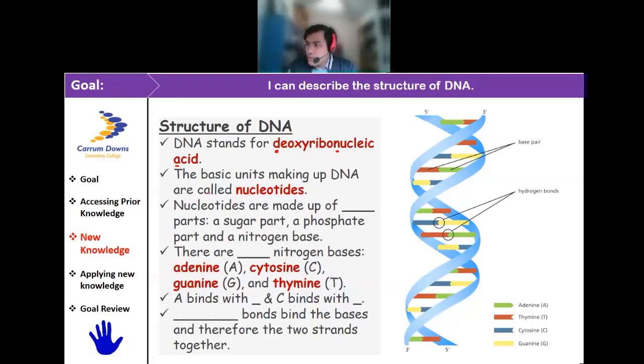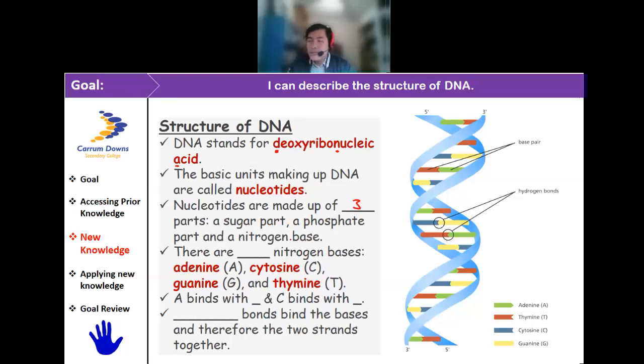The basic units making up DNA are called nucleotides, and the nucleotides are made up of a certain number of parts. We can see here we've got the sugar part, the phosphate part, and the nitrogen base. So that means we've got 3 parts altogether.